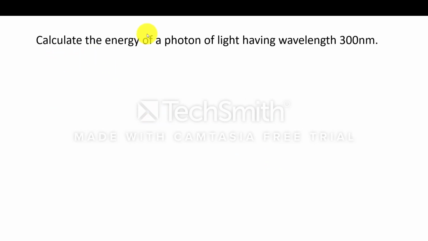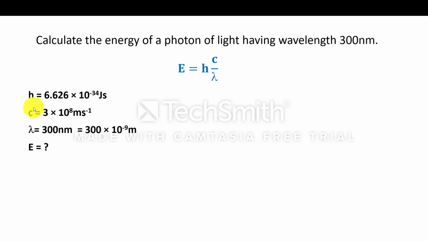Or we can calculate the energy of a photon of light having any wavelength. Here the wavelength is given as 300 nanometer. So E is equal to hc by lambda, where h is Planck's constant, c is velocity of light. We have to remember these constant values. And the wavelength lambda is 300 nanometer, which is equal to 300 into 10 to the power of minus 9 meter.